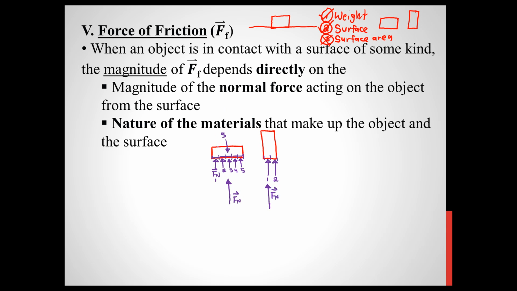So either way, regardless of what area is in contact with the ground, the object is still subjected to the same normal force. If I'm subjected to the same normal force, then it's going to be the same force of friction magnitude as a result of that normal force being the same on the box. So the surface area actually does not matter.